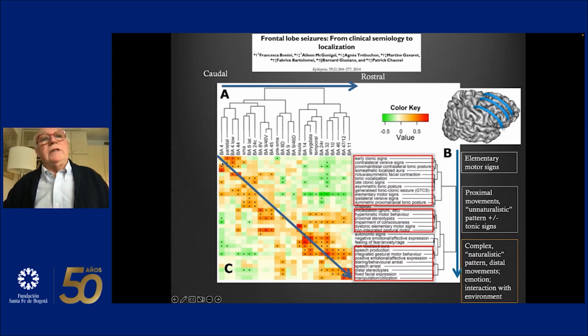But the condition to get these correlations is to group the areas, because it never happens that the seizures come from only one area, and also to group the symptoms by the order of occurrence.